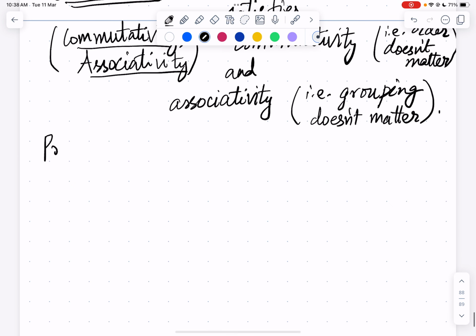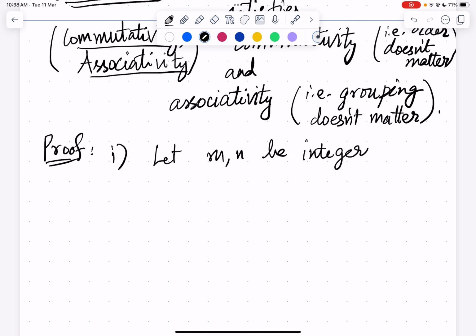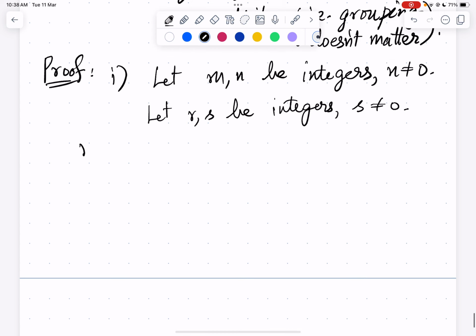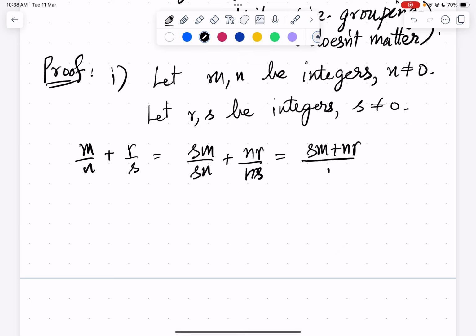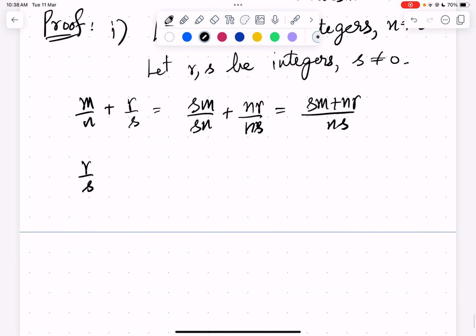So proof. First for commutativity, it's as usual. Let m, n be integers and n not equal to 0. Let r, s be integers, s not equal to 0. Now m by n plus r by s is sm by sn plus nr by ns, which is sm plus nr by ns, and r by s plus m by n equals nr by ns plus sm by sn.